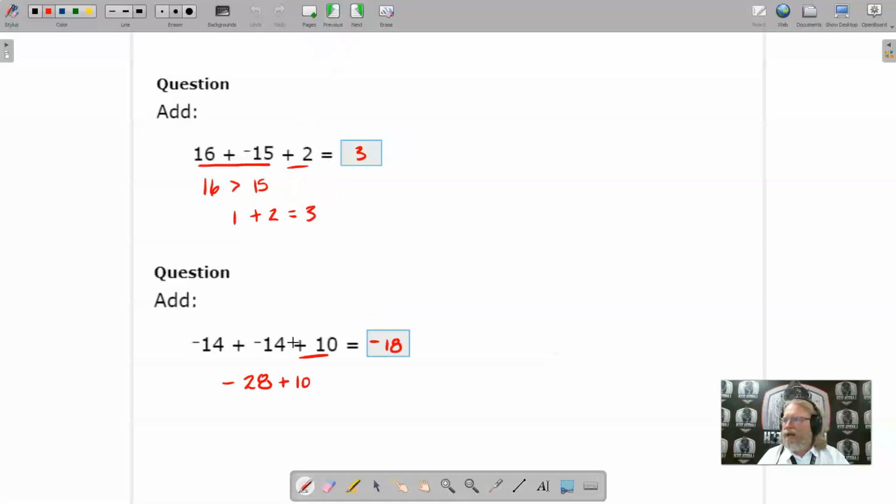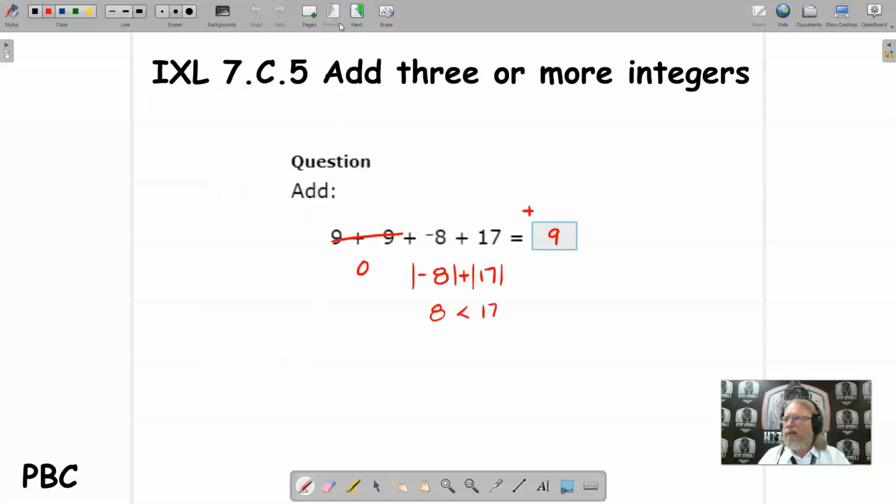Also adding the two negatives together first to get the -28 worked out well. So you can just use strategies that help you spot the solutions that are going to make it easier. You don't necessarily have to work them left to right. The reason for this is that addition is commutative, and all of these are addition, so order doesn't matter. So you can kind of go through and pair them up in different places.